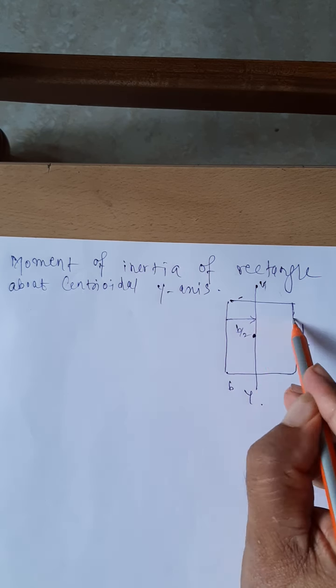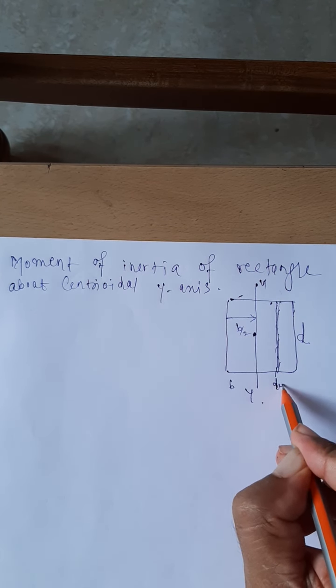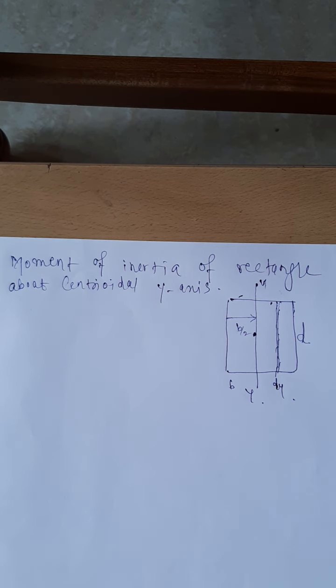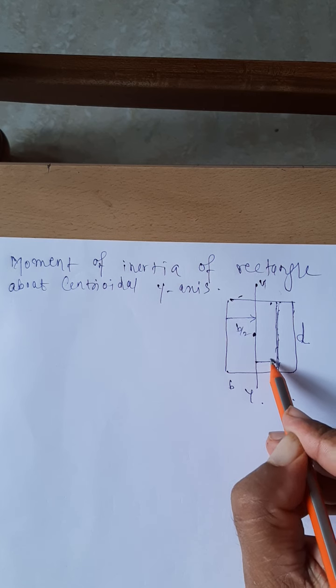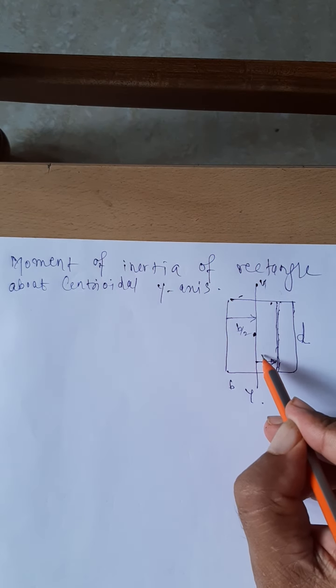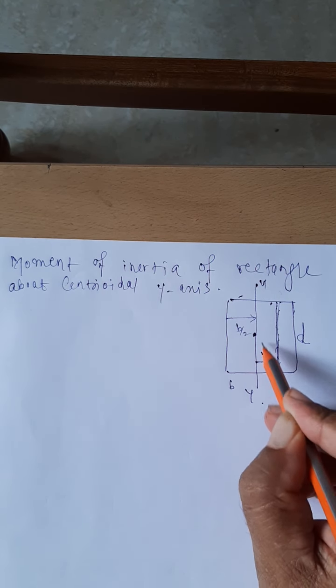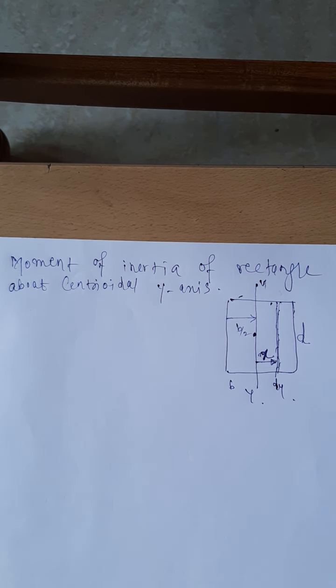Now you are considering any elemental strip like this. Consider an elemental strip of depth dy located at a distance of y unit from the x-axis. Sorry, it is located at a distance of x unit from the y-axis.